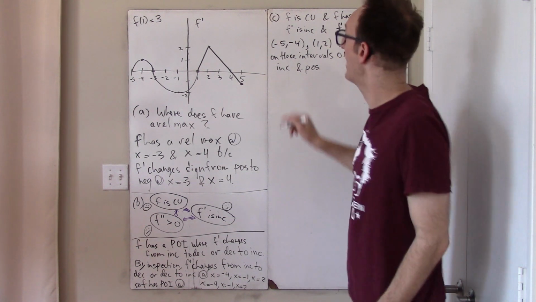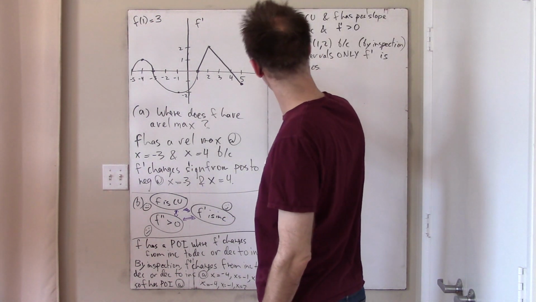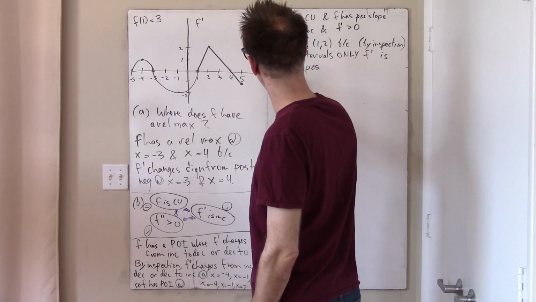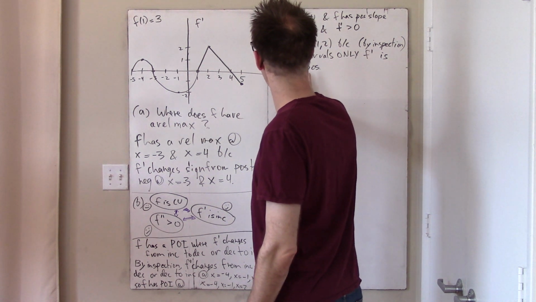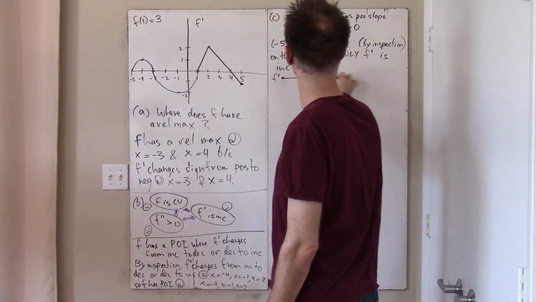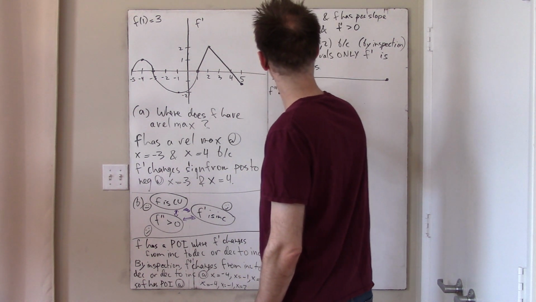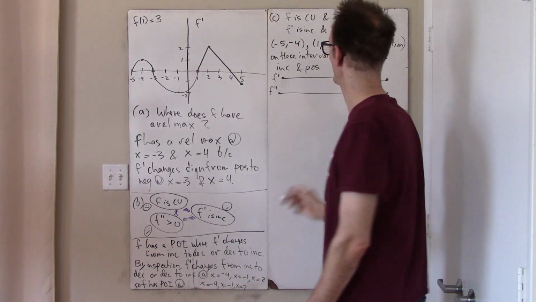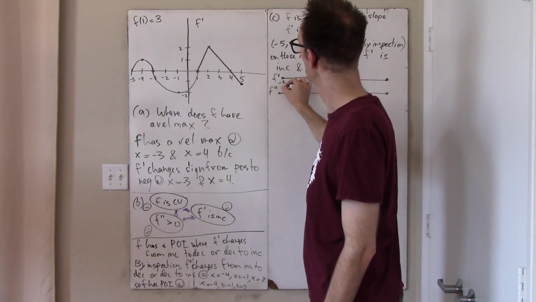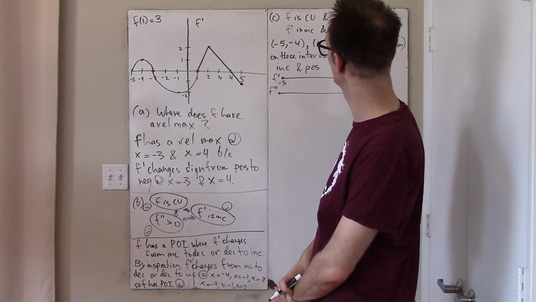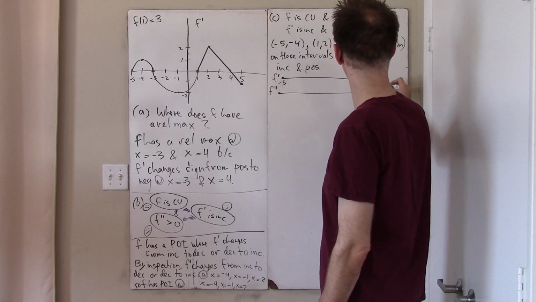It's also, if it helps you, possible to make a sign chart for f prime. In fact, we could have done this even earlier. And a sign chart for f double prime. So what is the sign chart for f prime?